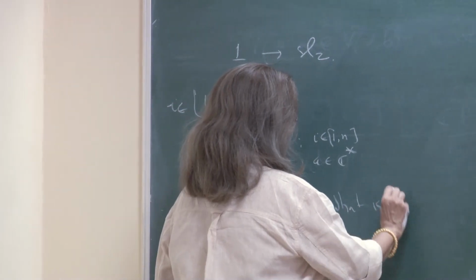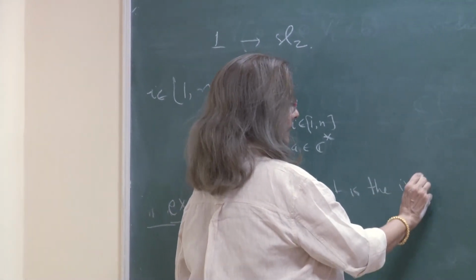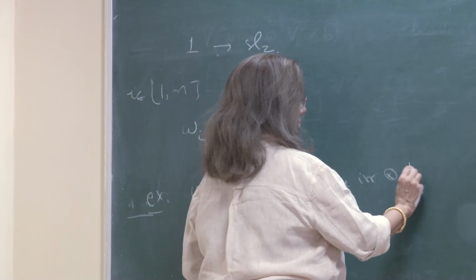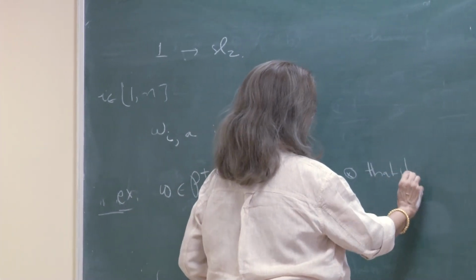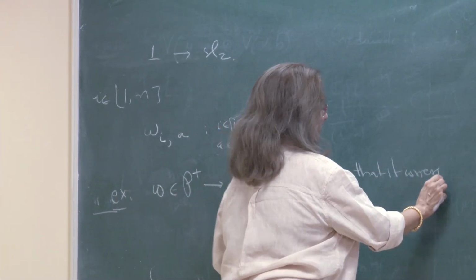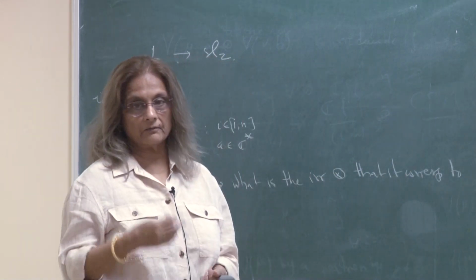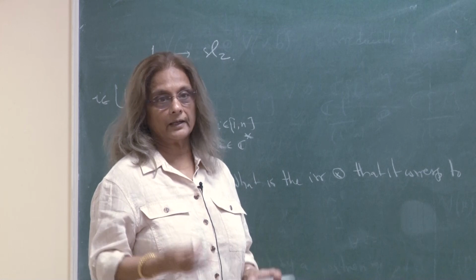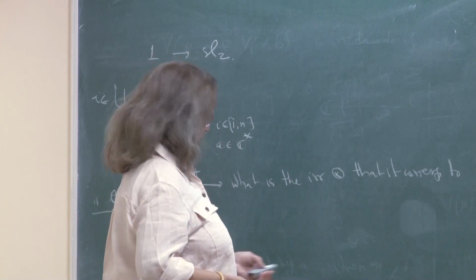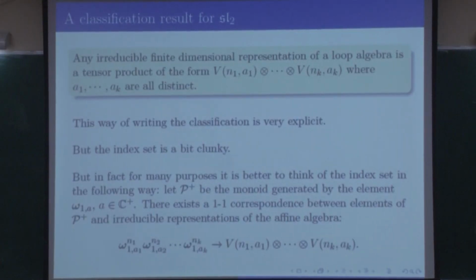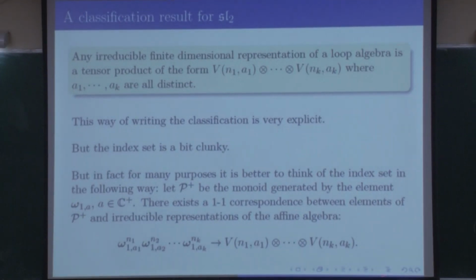What is the irreducible tensor product that it corresponds to? Because I told you that every irreducible representation is a tensor product of these representations V_{mu_i, a_i}. I reconstructed it for you for SL2. So the exercise is to just reconstruct in this language for higher rank.